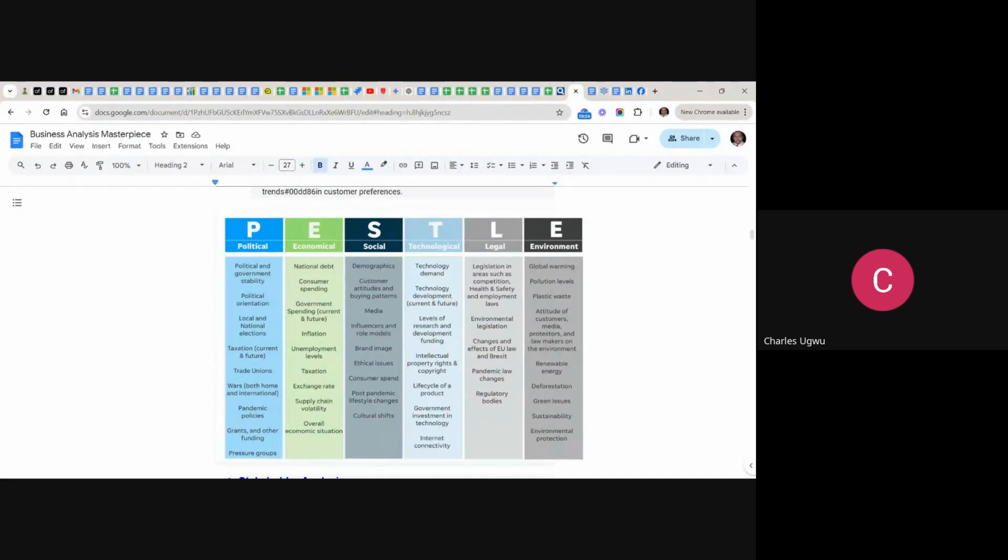Then we'll come to the economic environment. You look at national debt, consumer spending, government spending, and inflation. These are some of the things we need to look at before you start jumping into a project.